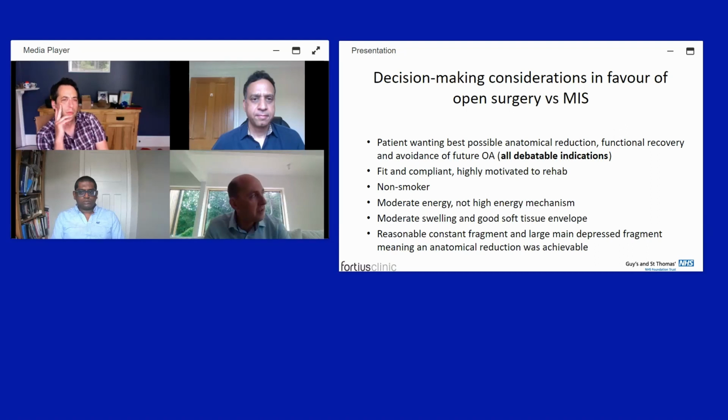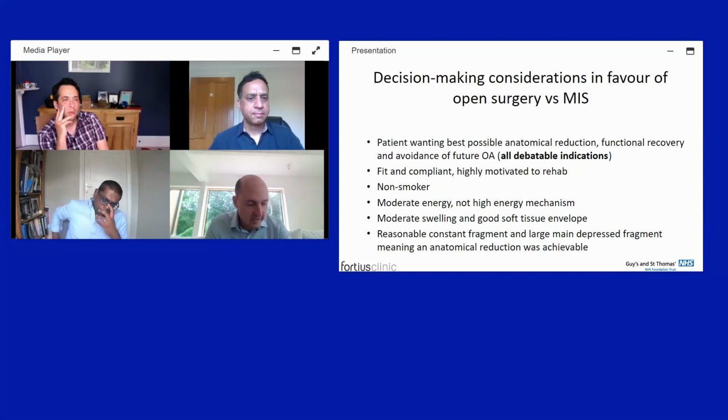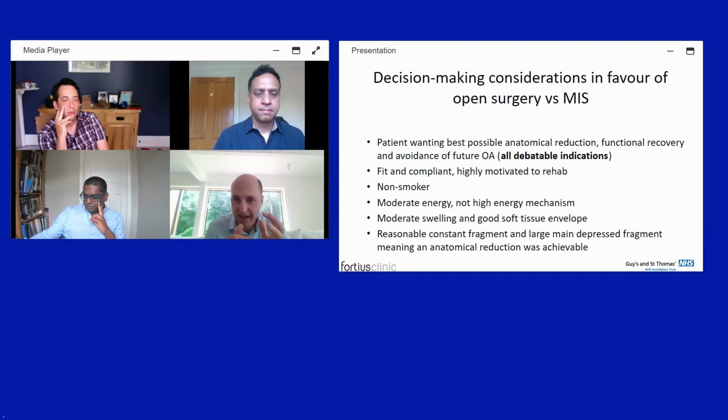And although I explained some debate around whether a really precise anatomic reduction does correlate to less arthritis and a better functional recovery, we both agreed that that would be the aim of treatment, and I felt that open surgery would give me the best access to the subtalar joint and the main articular fragments, and therefore the best chance of giving him a really anatomic reduction.